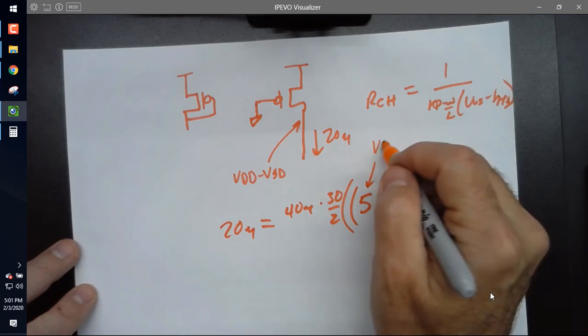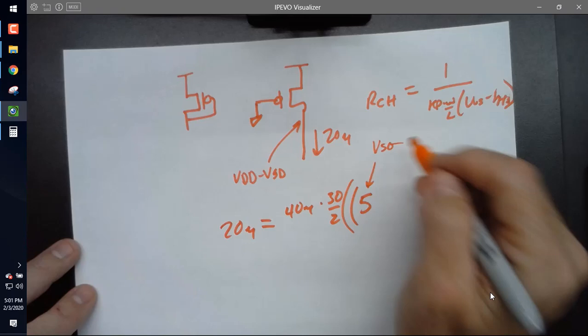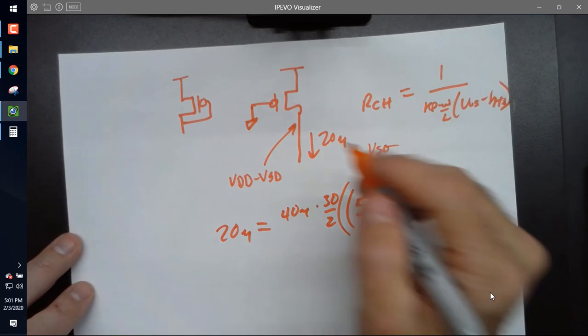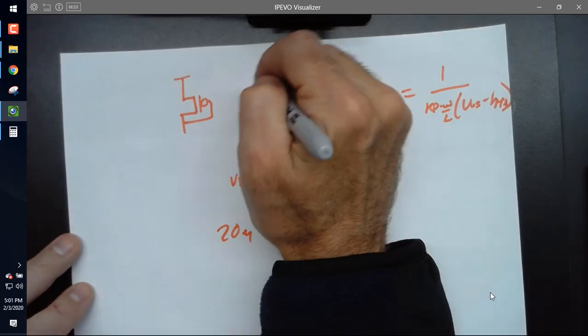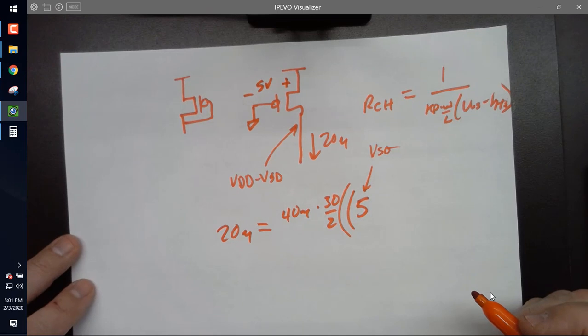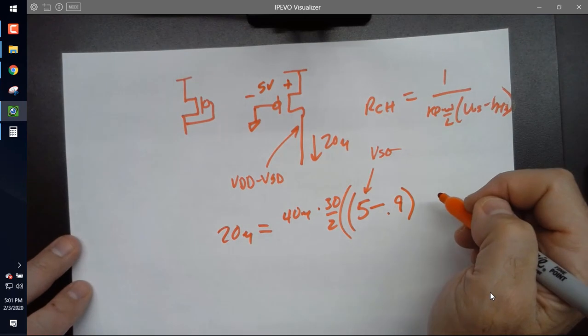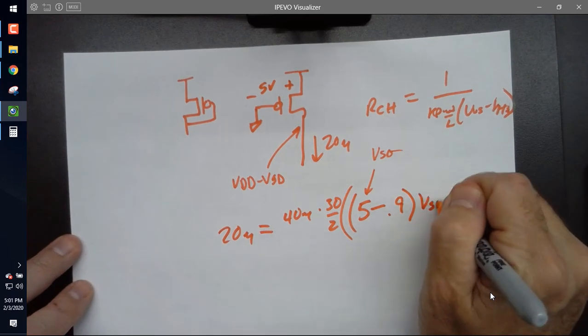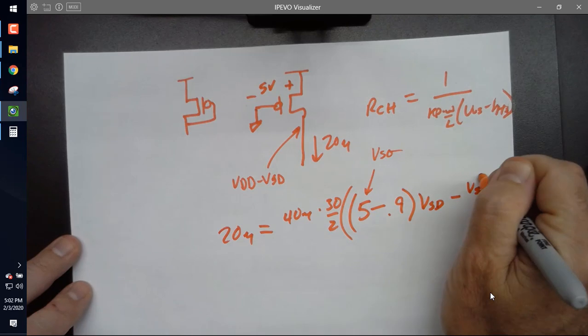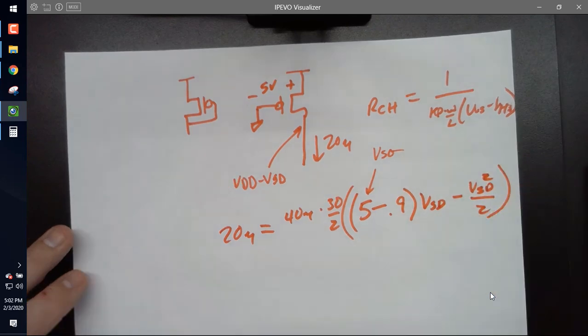Anybody not follow that? Where am I pointing to? Right here. Anybody follow that? Minus 0.9 times VSD minus VSD squared over 2. Now I'm lazy, as you all know.